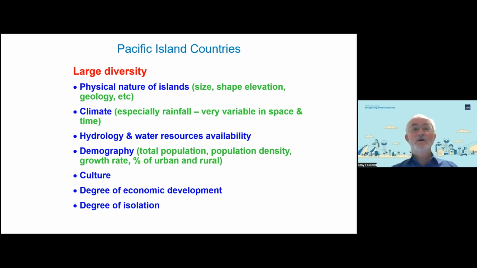The variation in hydrology, which includes hydrogeology, is also very variable, which affects the water resource availability on these islands. And other factors such as demography, culture, and the degree of economic development and the degree of isolation also show a large diversity. In terms of the last item there, one aspect of that is that many islands in the Pacific are only reached by boat.